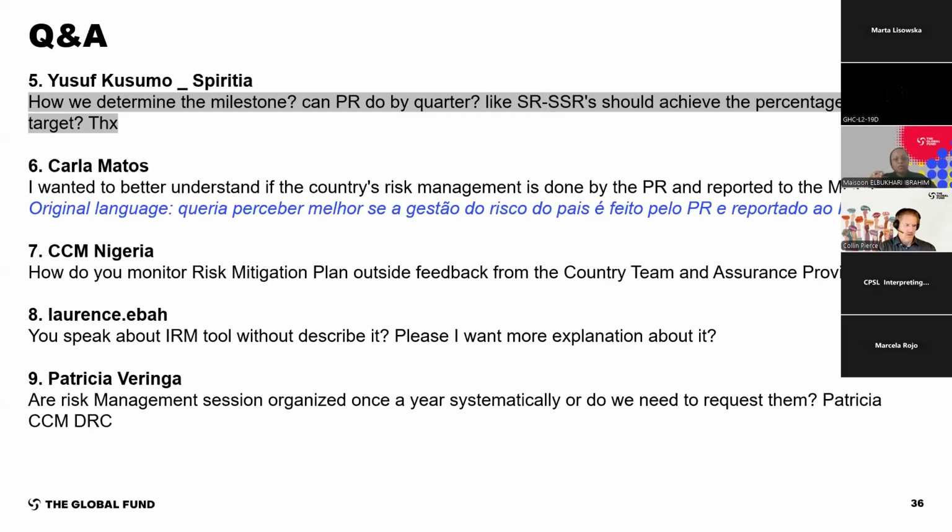Your milestones could be, one, the consultation in country, then the development of the strategy, approval of the strategy, and then you can monitor the implementation over time. So you determine the milestone based on consultation with the key actors who will implement it, and also guidance from the second line on what needs to be done to fully address the root cause and mitigate the risk.